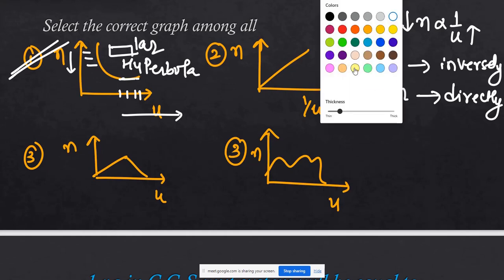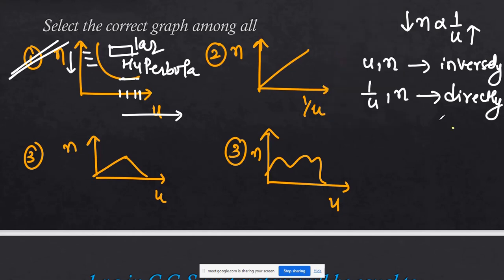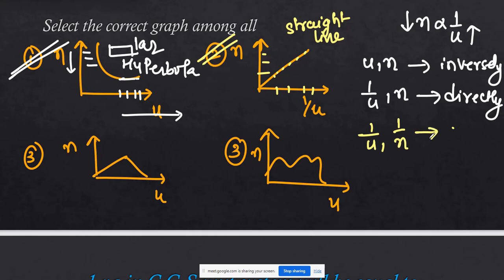Whenever there is a direct relation, the graph will be a straight line passing through the origin. See, the 1 by U value is increasing, and the N value is also increasing. So a straight line passing through the origin represents direct relation. So this is also correct. What if U is reversed and N is also reversed, then what is their relation?